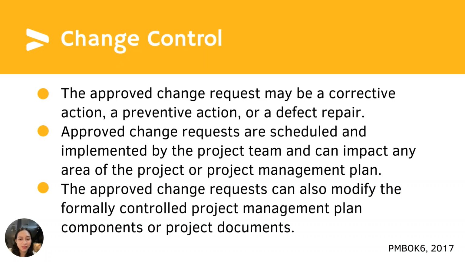But it is important to understand how change control works, because approved change requests can also modify the formally controlled project management plan components or project documents. It may also happen at any phase during the whole course of the project implementation.